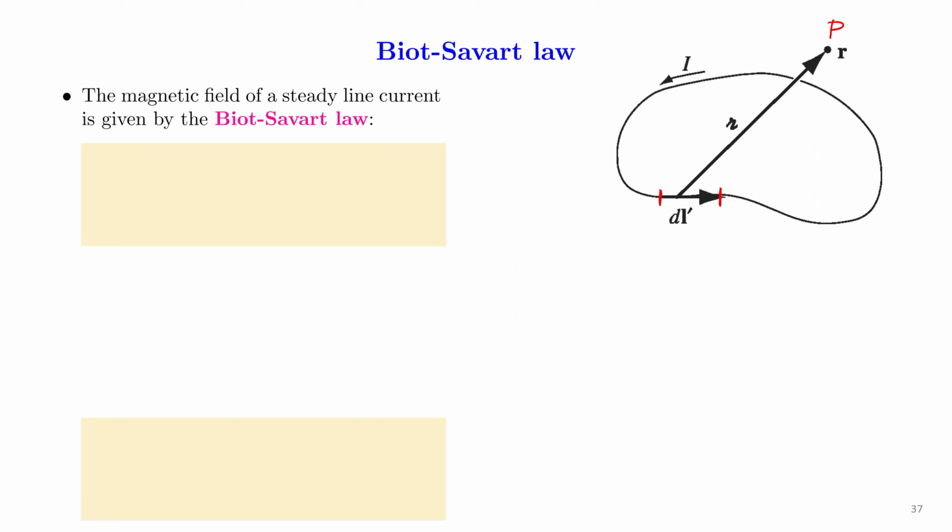Then the magnetic field at point P, due to a steady current flowing through the conductor, is given by the Biot-Savart law, and it mathematically reads as B at position vector r equal to mu 0 over 4 pi, integral I dl cross r hat divided by script r square.